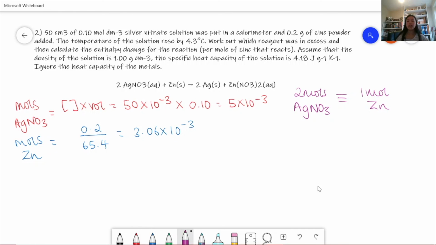So if we first look at the silver nitrate, that means that if we have 5 times 10 to the minus 3, then that should react with half the amount of this number of moles of zinc, because it's a 2-to-1 ratio. So then it would react with 2.5 times 10 to the minus 3 of zinc.